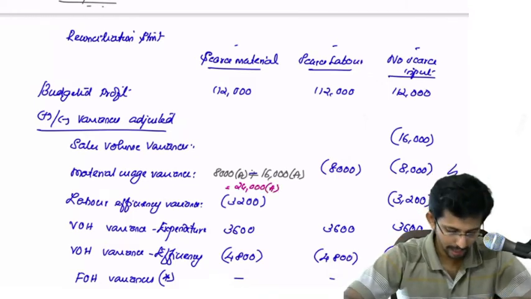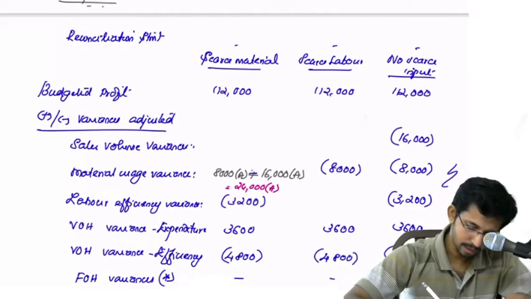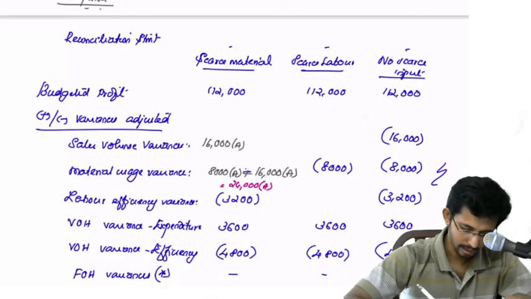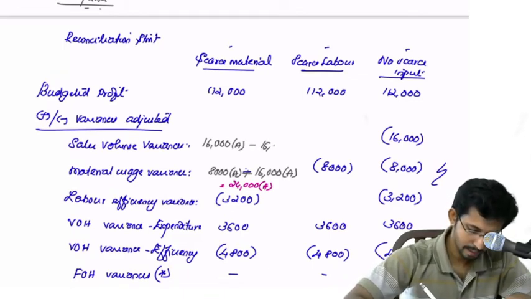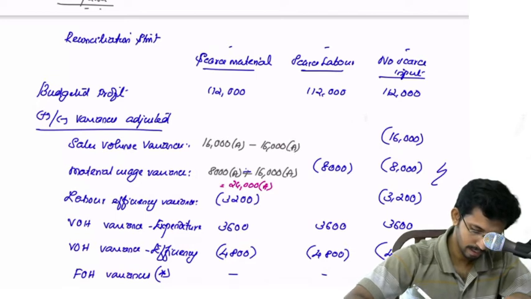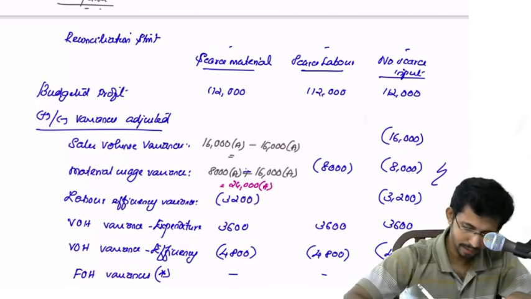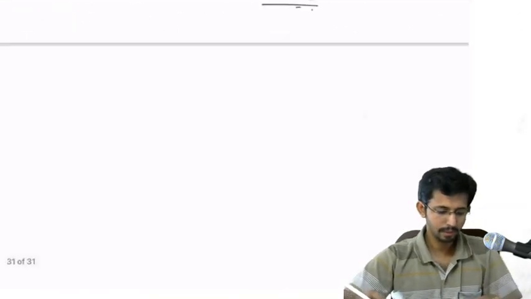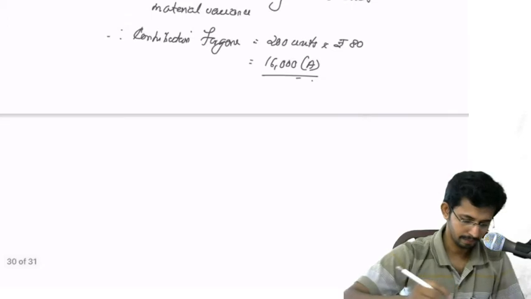Similarly, in the case of sales, 16,000 adverse is the sales volume minus 16,000. So balance is nil. Is it clear?